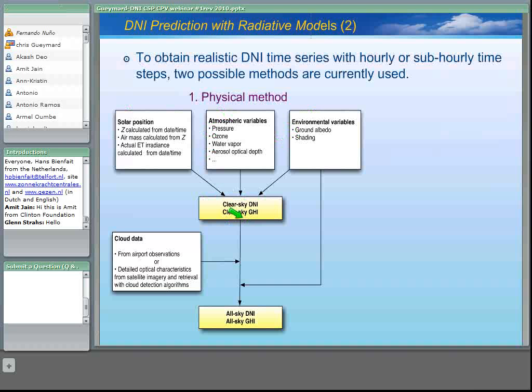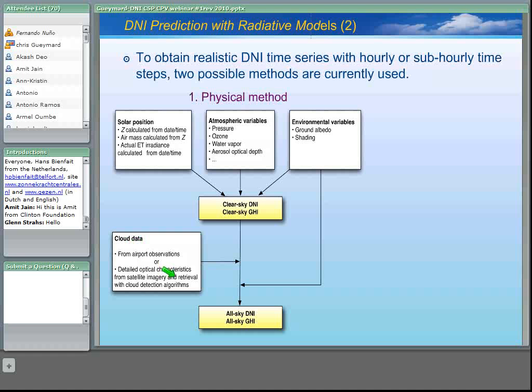Then this is good if you are interested in clear sky only, but generally there are some clouds too, so you need to provide a model with some cloud data. And then at this point we have actually two different possibilities. Either you use airport observations based on human observations of clouds from the ground up, or actually the reverse, meaning observation from satellites which observe clouds from above.